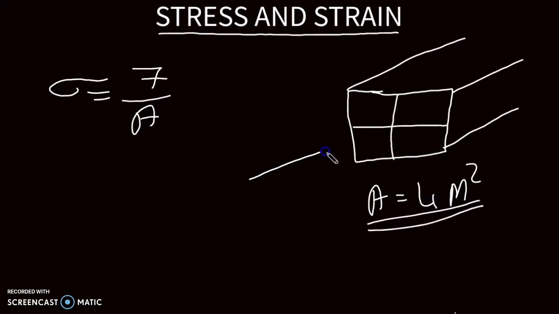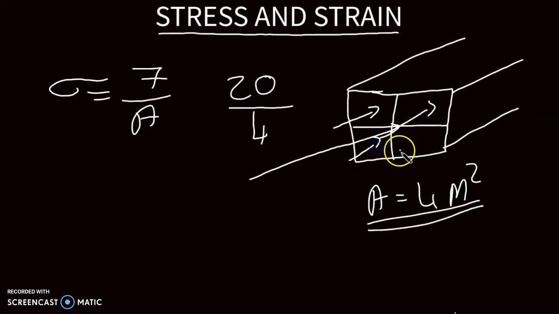And then we are going to take the force that is applied. Let's say the force is 20. If the force is 20, we're going to take the force that is applied and divide it by 4, or divide it into 4 equal parts, which will be applied on each and every square meter of the object.